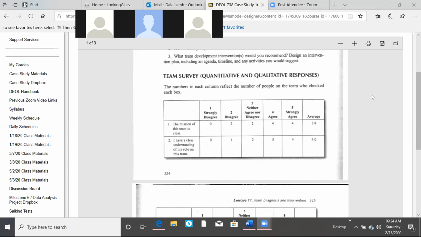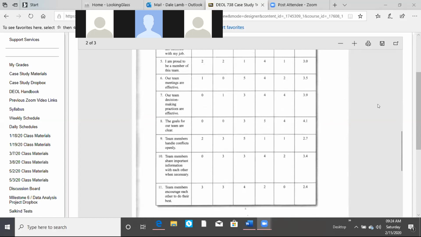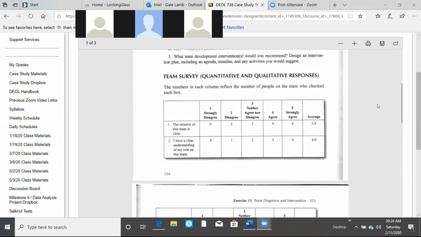That's because of our design. We used a 5-point scale, and if we just look at the average scores, they look pretty good. Not too bad. But when we're trying to do an explanatory, we should have done a 4-point Likert scale and forced a response one way or the other.